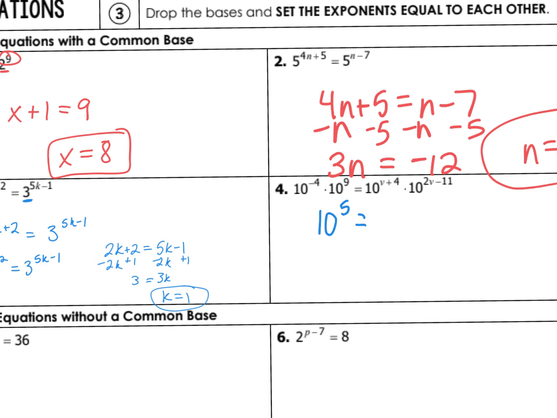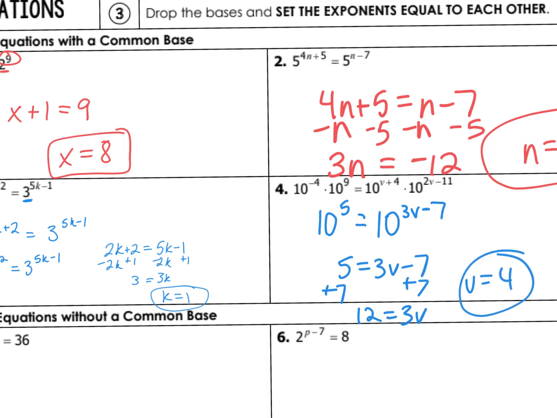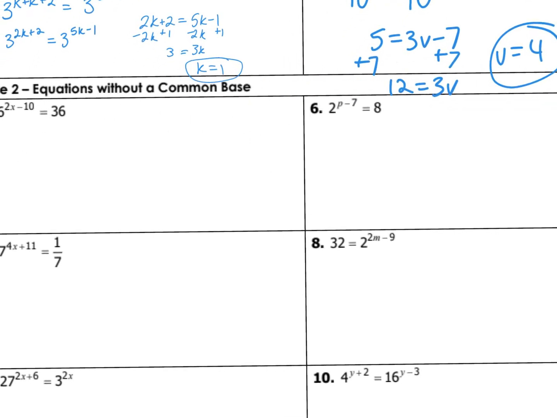Good, so add all those exponents together and you get 10 to the 3b minus 7. Good. Now what? So 5 equals 3b minus 7. Add the 7. 12 equals 3b. What does b equal? Raise your hand if you got that one. Good. We got a bunch of smart cookies in here. I like it.